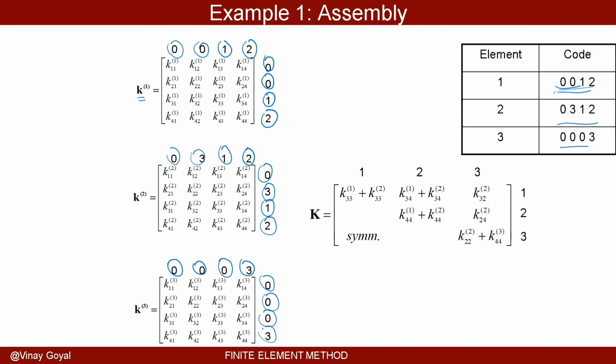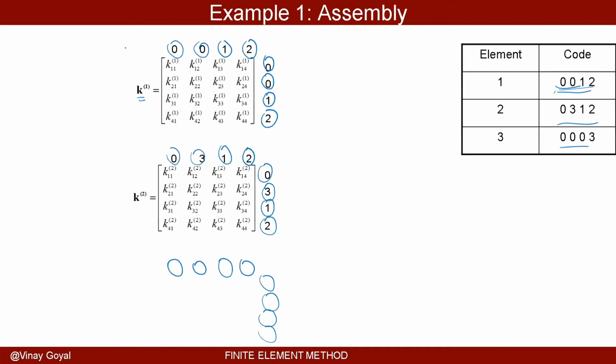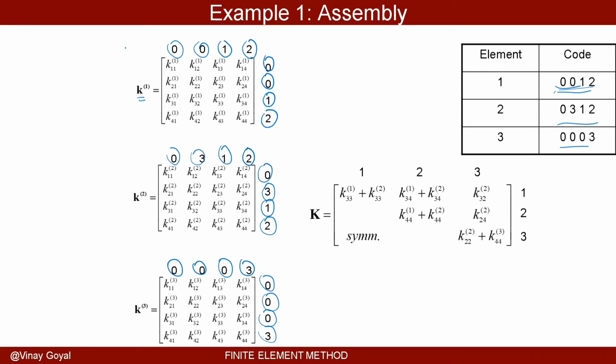And now, how many degrees of freedom do I really have? I have 3, because this node can move to the right, this node can move up, and this node can move up. I only have 3 degrees of freedom. So the global stiffness matrix can only be a 3 by 3. So I have 1, 2, and 3, 1, 2, and 3.